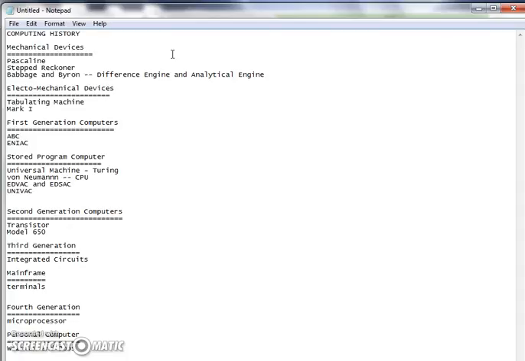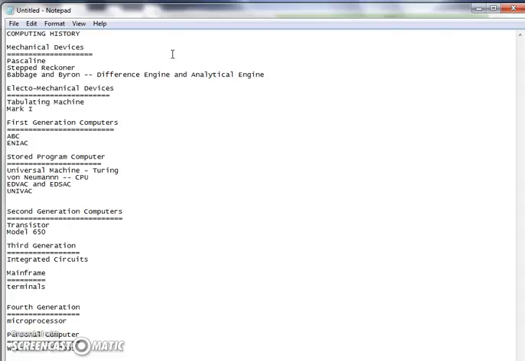And out of that came the idea for the first generation computers, and we have the ABC, the Atanasoff Berry computer, which is the first electronic computer built between 1939 and 1942 at Iowa State University by Atanasoff and Berry, who were math professors, and I think Berry was actually a graduate student.